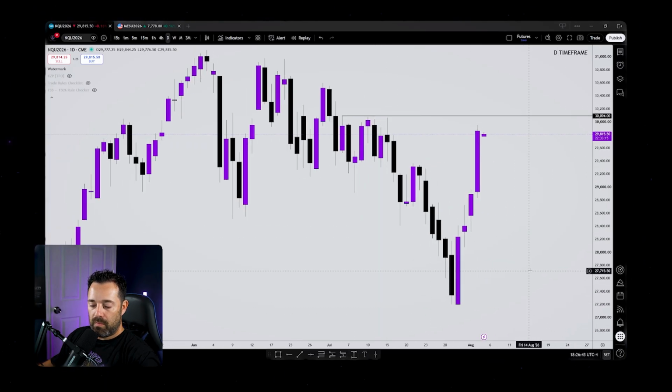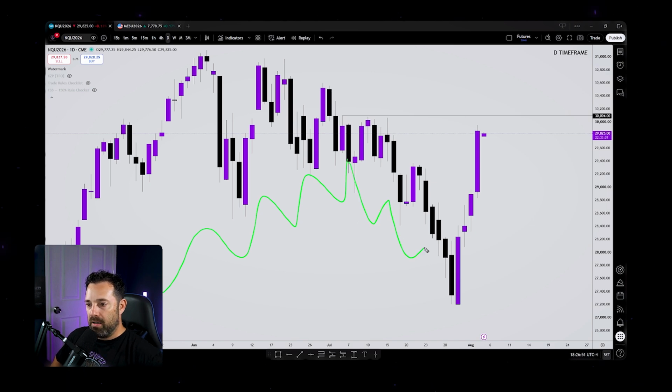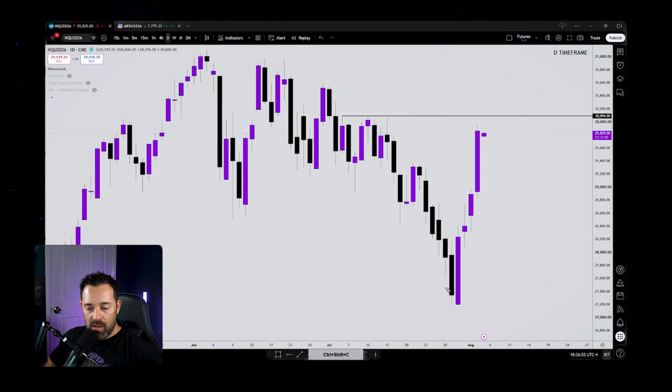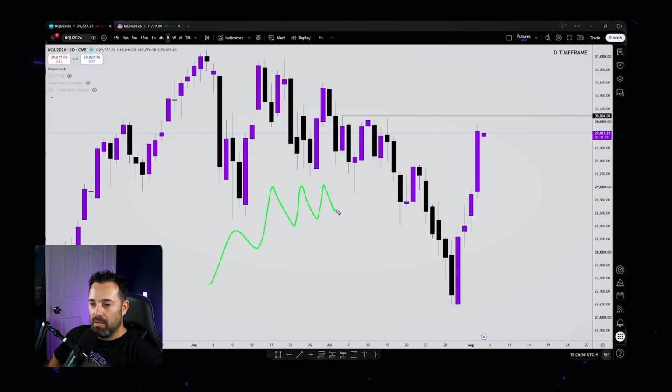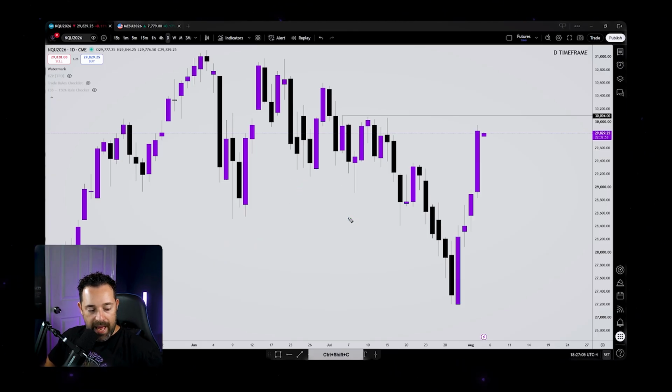But generally, the market is going to move like this, and then when it comes down, it generally moves like this. But there are times where the market does this, and then it does something like this, right? That's smoothness right here, where you have relative equal highs or relative equal lows.